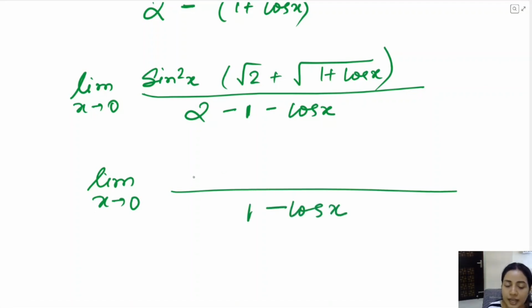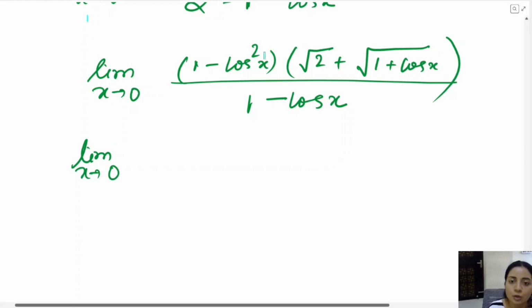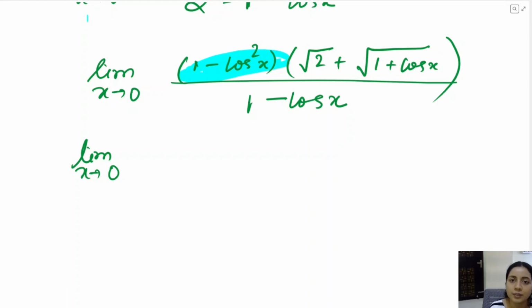Now the numerator sin square x, let's write it as 1 minus cos square x by using the identity sin square x plus cos square x is equal to 1, times root 2 plus root 1 plus cos x. Now this numerator 1 minus cos square x, let's write it as, in one bracket 1 plus cos x, in another bracket 1 minus cos x, by using the formula of a square minus b square.